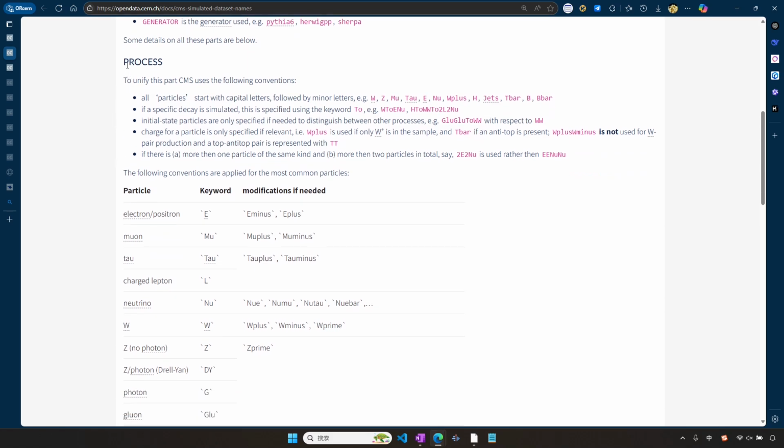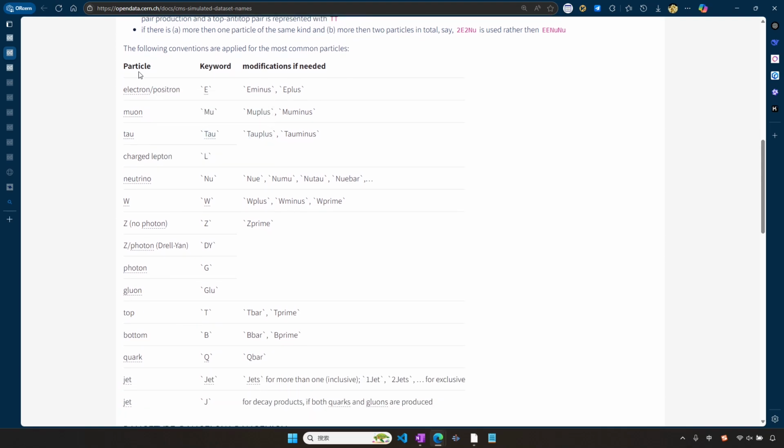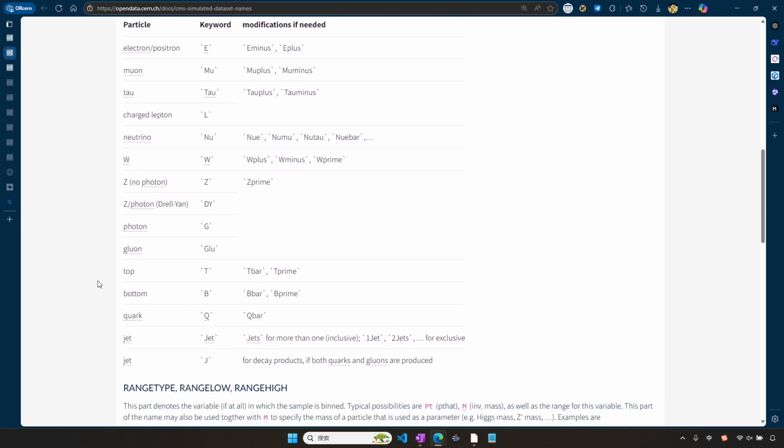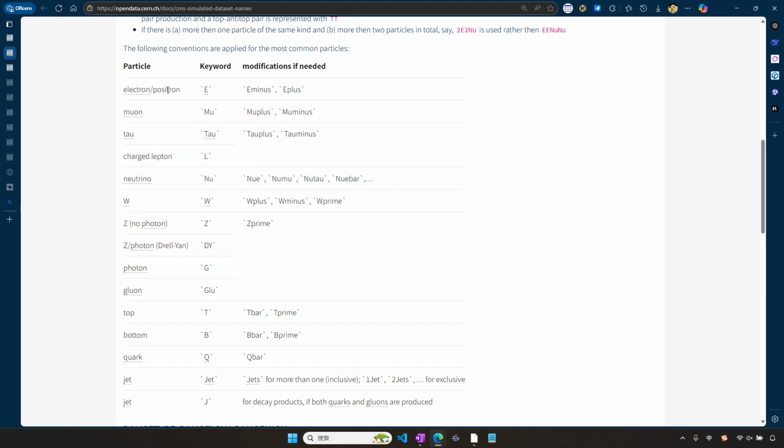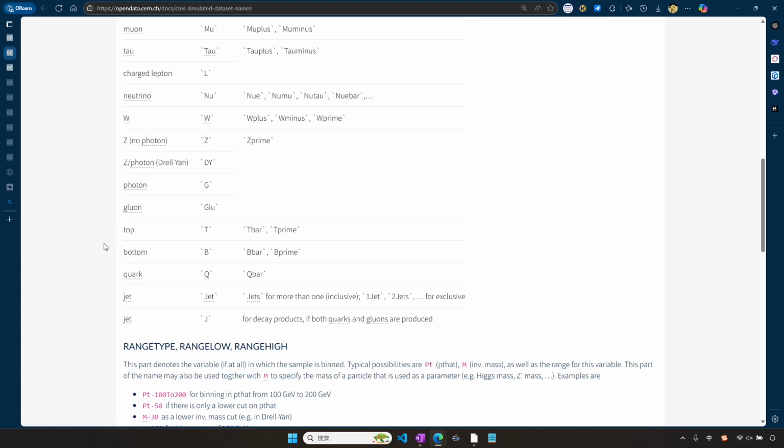Inside the process, we can see there are many convention keywords in the file, like electron, positron, muon, tau leptons, neutrinos, and so on.